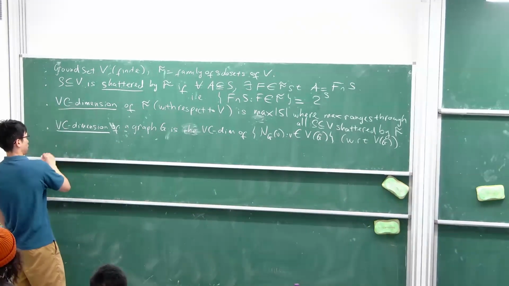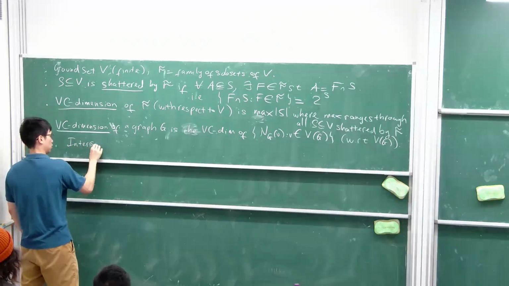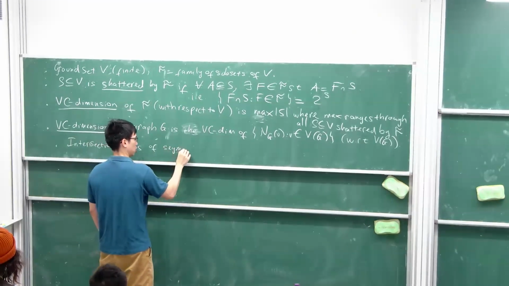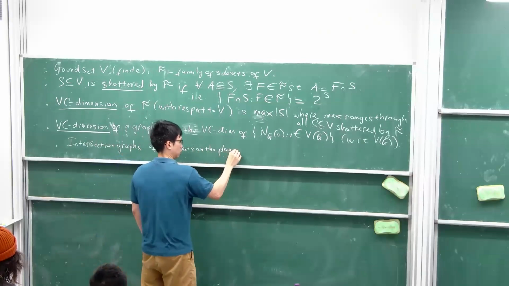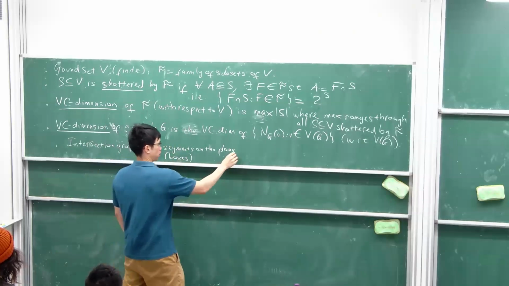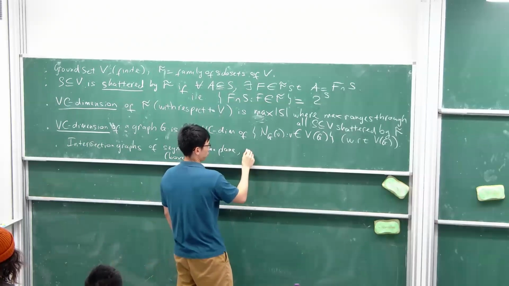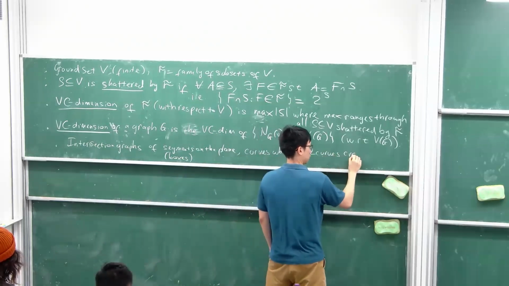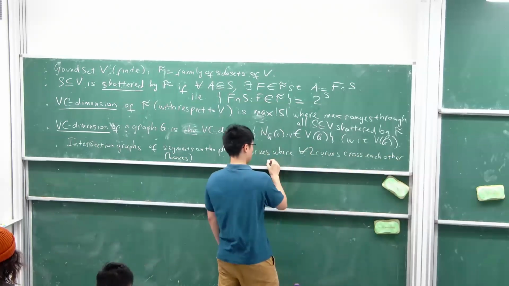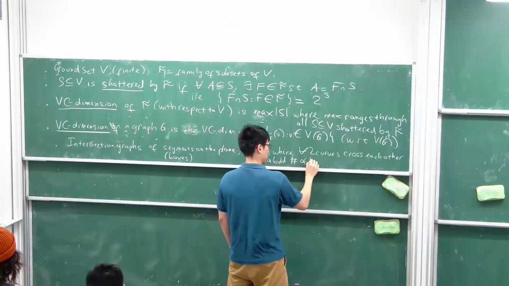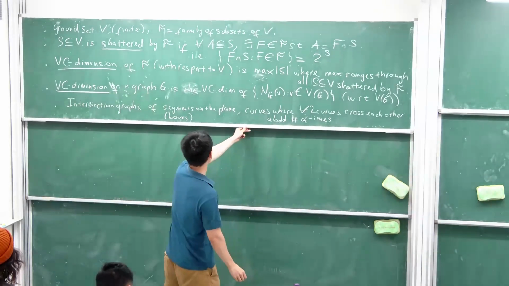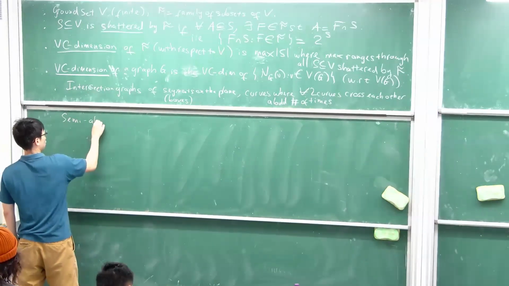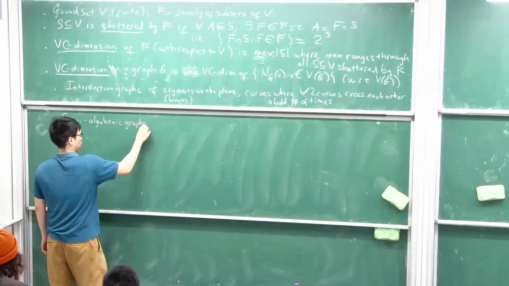For example, I can say intersection graphs of segments in the plane, or of boxes in the plane, intersection graphs of curves where every two curves cross each other at most a bounded number of times, or a more common example, the concept of semi-algebraic graphs of bounded complexity.